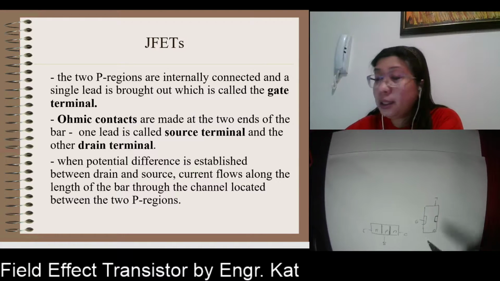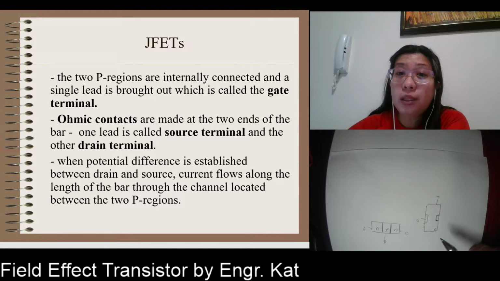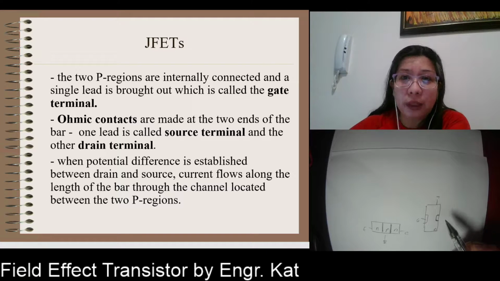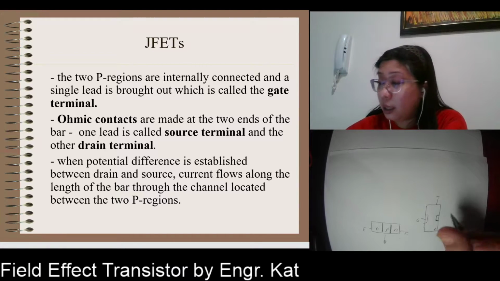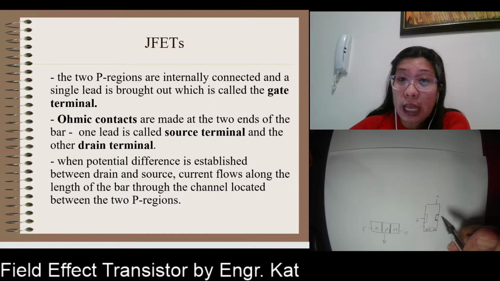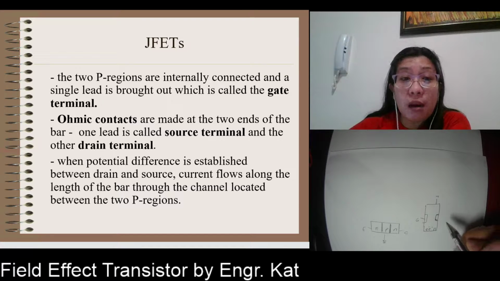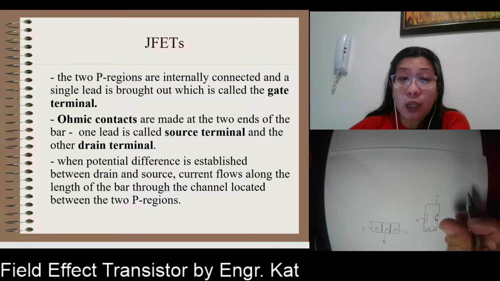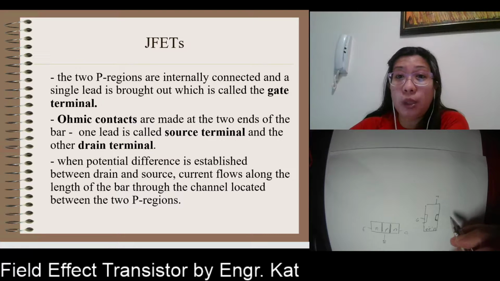Since this is an N-type material, what are the majority carriers for N-type material? The majority carriers for N-type materials are the electrons. Upon application of potential difference, current flows along the length of the bar, through the channel located between the P regions.